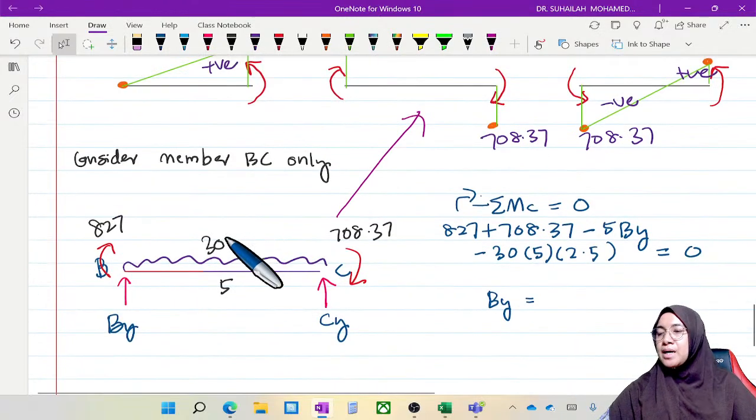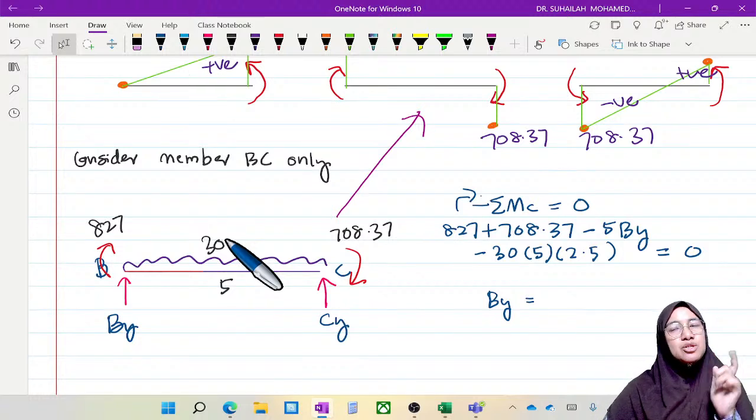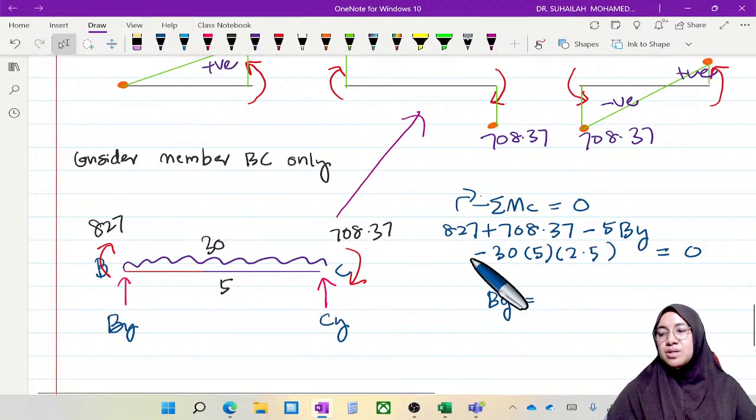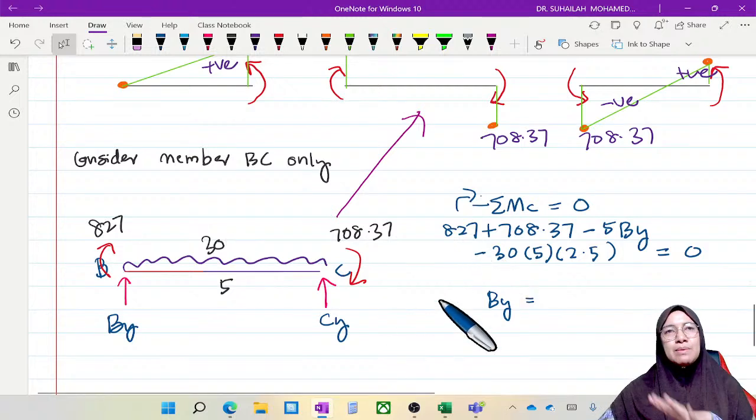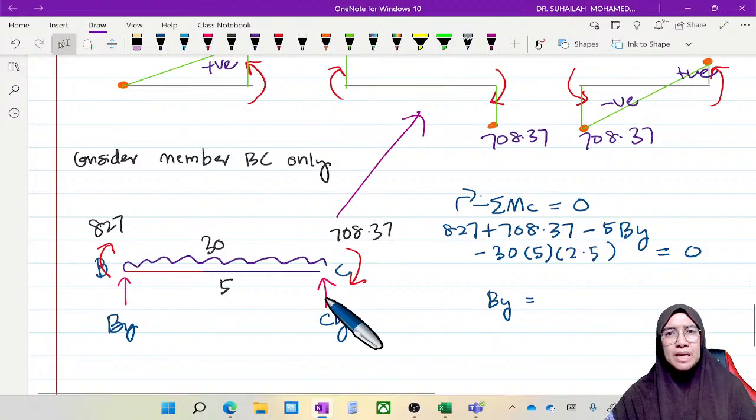By analyzing the shear force diagram for member BC only, since member BC only has a UDL, we can analyze beam BC just like a simply supported beam.